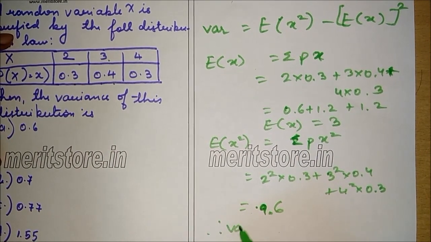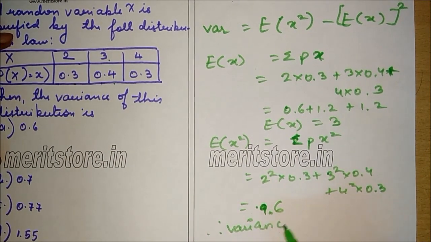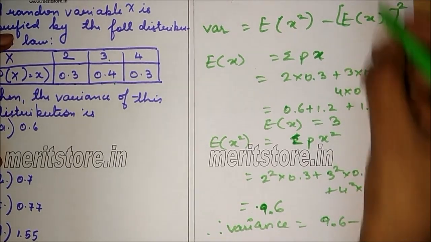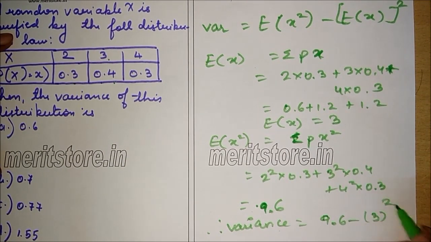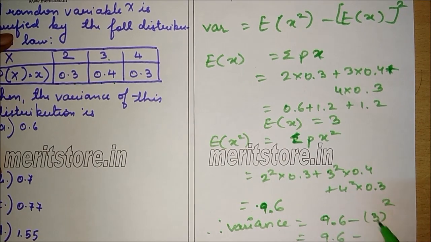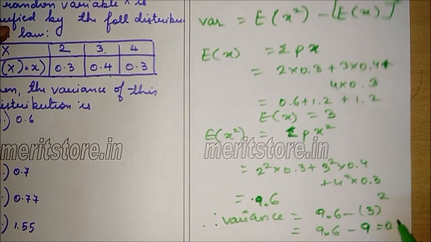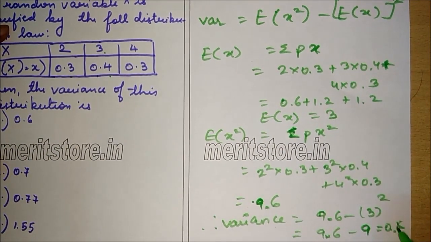So variance will be E of x square, that is 9.6, minus E of x the whole square, that is 3 square. So this is equal to 9.6 minus 9, which will be equal to 0.6, which is option A.